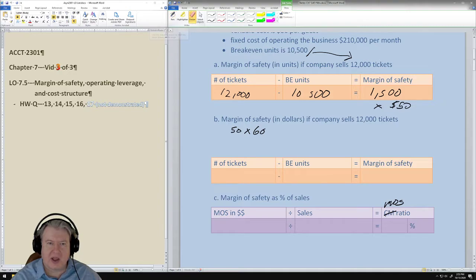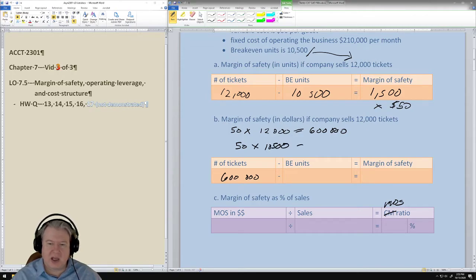I'm getting ahead, calculating it in my head before I write all the things down. $50 times 12,000 tickets is 600,000. So the dollar amount for the number of target tickets is 600,000, and for the break even, I think it's 10,500 tickets, and that comes out to 525,000.